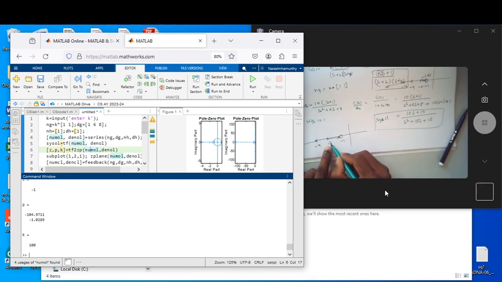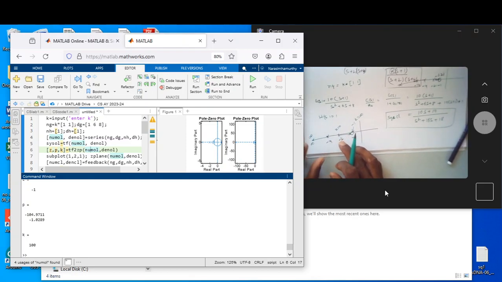So the pole which was there at minus 2 with the value of k as 0 will reach minus 1 as k is equal to infinity. Since it has only one finite 0, it will terminate in 0. That is, the closed loop pole will terminate in 0. The other closed loop pole will terminate in infinity, because there are no more finite zeros.